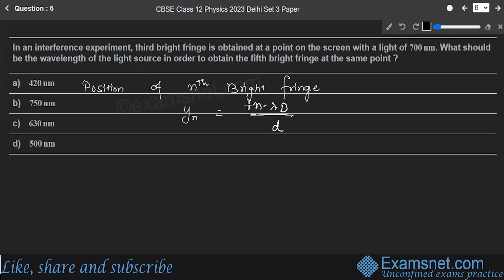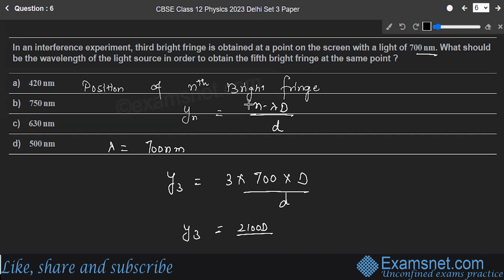You are given that lambda is 700 nanometers. So y3 will be equal to 3 into 700 into D upon small d, or y3 is 2100.